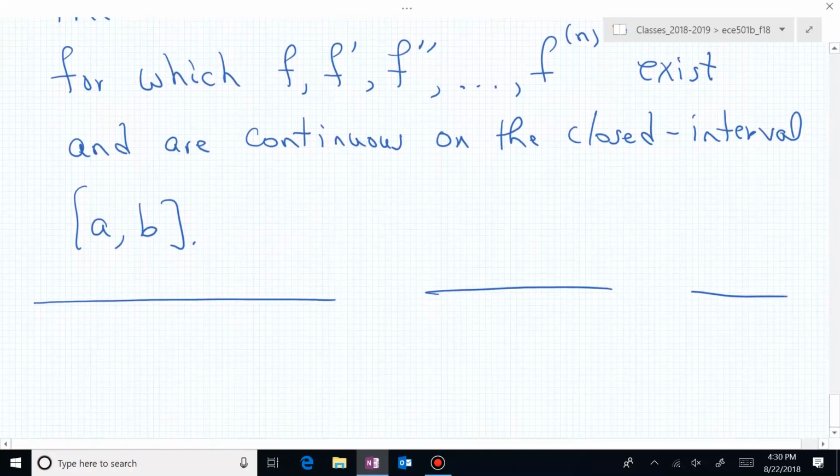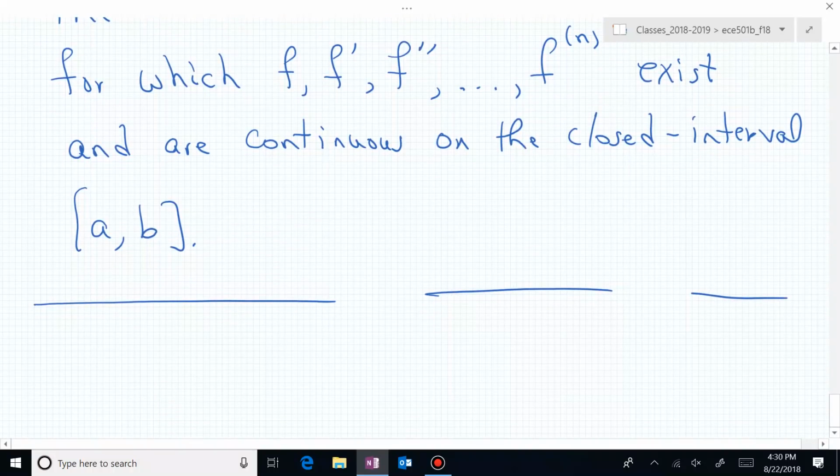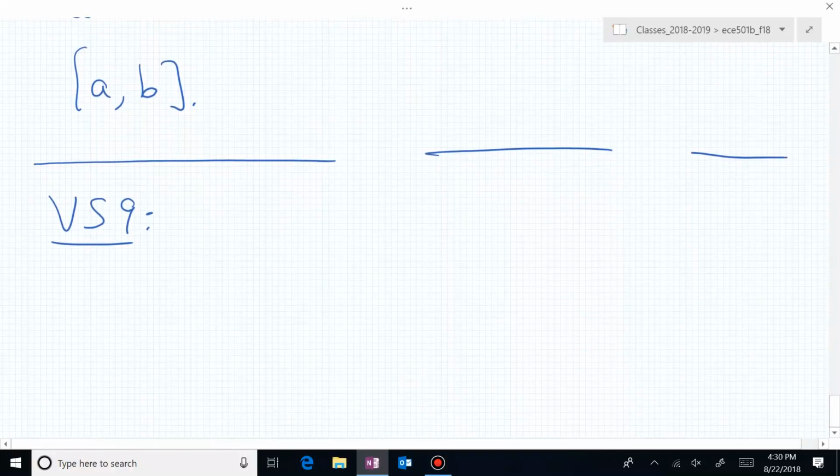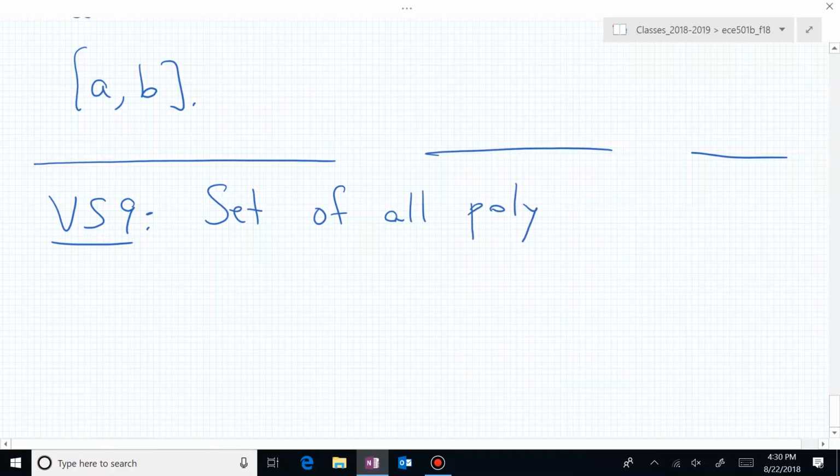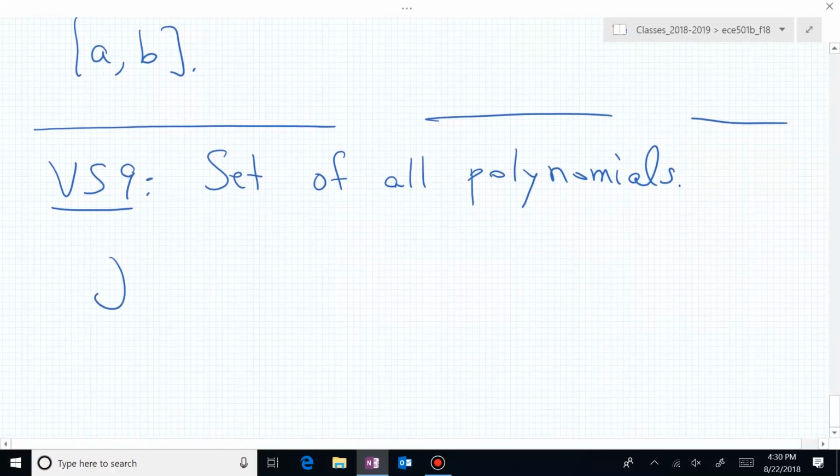Let's look at some more. So we kind of shift gears a little bit. Here's vector space example 9, which is the set of all polynomials. That's a vector space. Notation, it's some script P over the field F. And what does that mean?